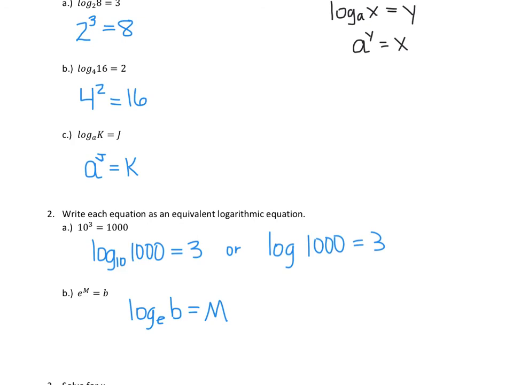Now when we have a base of e, that is referred to as the natural logarithm. And the way we express that is we can write ln, for natural log, of b equals m. So what we've done here is we've replaced the log with the subscript of e with ln. And that's how we express the natural logarithm with base e.